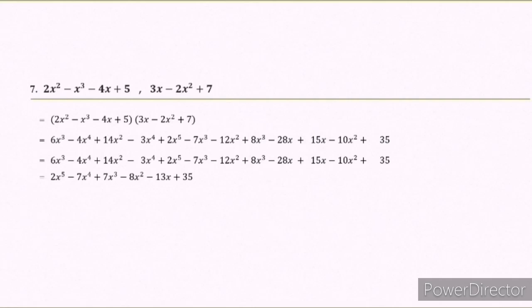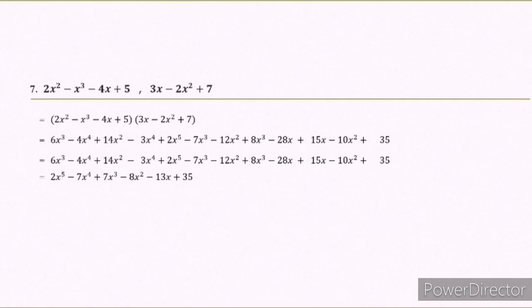Then the third step, you will combine the like terms. 6x cubed minus 4x to the 4th plus 14x squared minus 3x to the 4th plus 2x to the 5th minus 7x cubed minus 12x squared plus 8x cubed minus 28x plus 15x minus 10x squared plus 35.